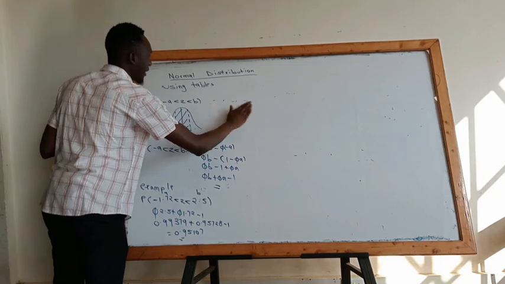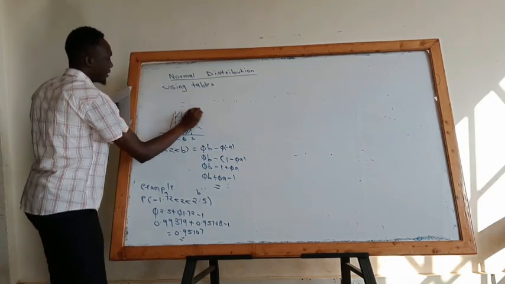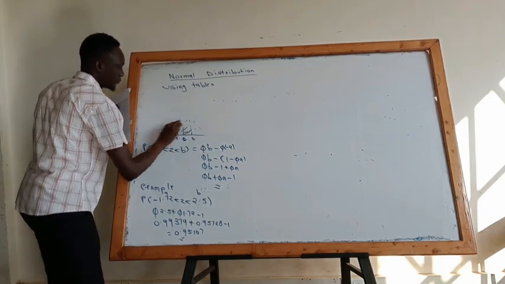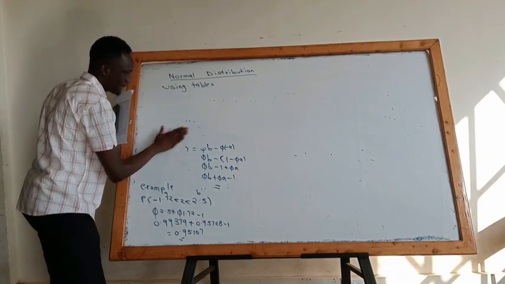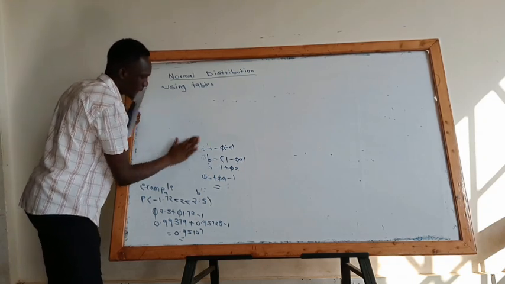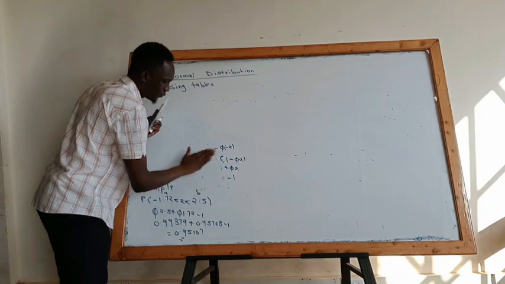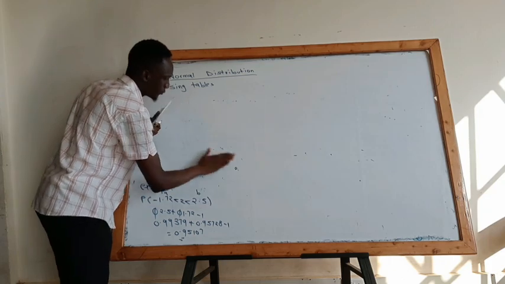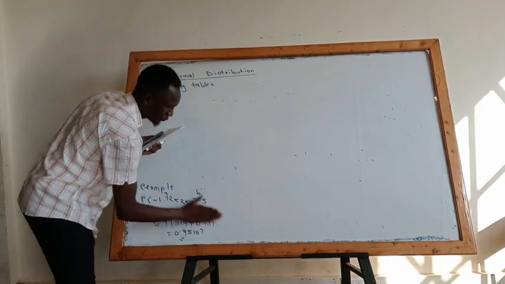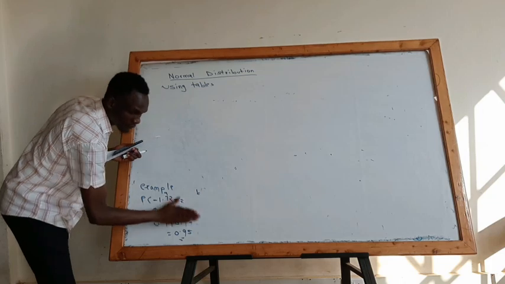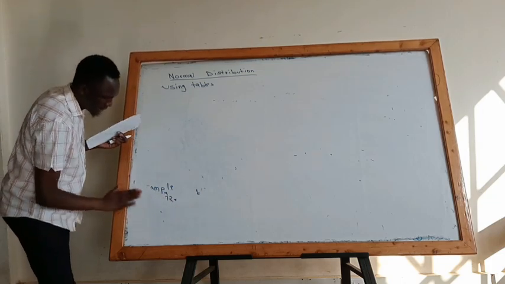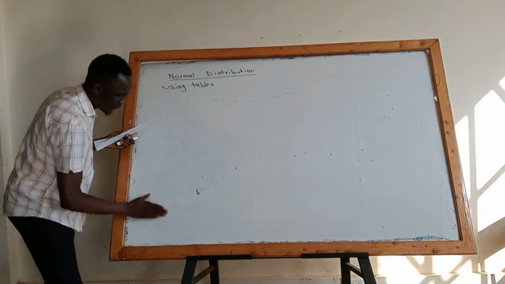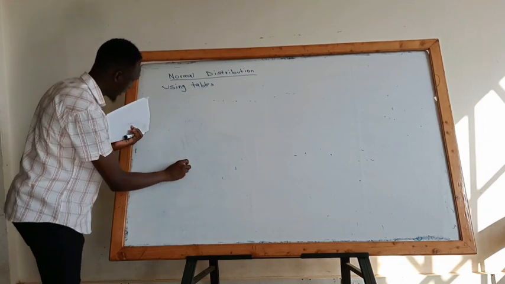Now let's look for another identity. Let's say all of them are negative.